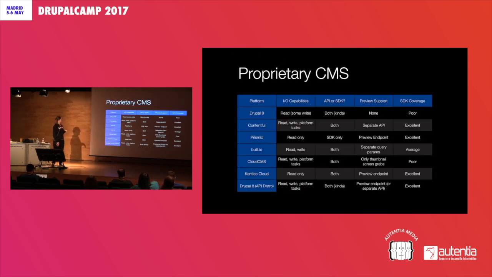There's a table here. I won't go through it all because that would be super boring, but if you want to look at the slides and refer back to this later, you can see what they're up to. As you can see, Contentful is probably the one that's doing the most right now. I included an extra line for Drupal 8 for what we could achieve when we install all of these extra contrib modules, and we basically get feature parity with Contentful.